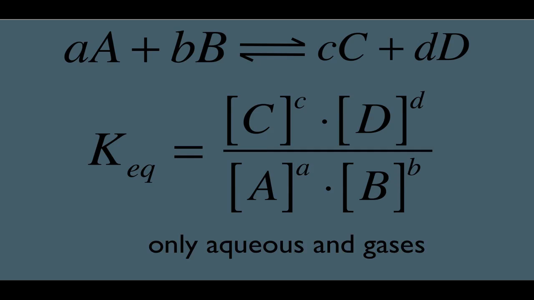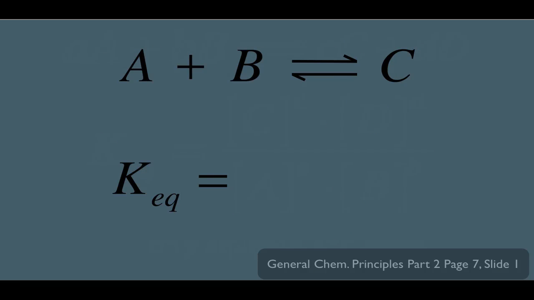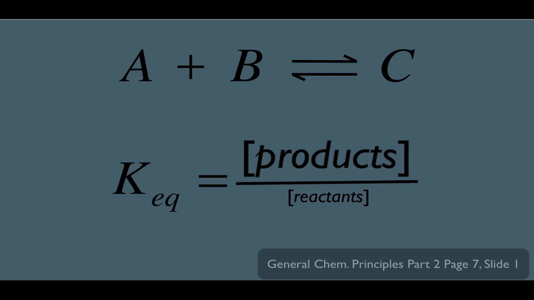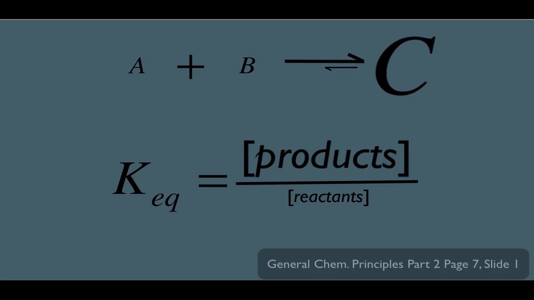But let's get a conceptual understanding of KEQ. We should know that if your KEQ value happens to be greater than 1, then think about what that means. If KEQ is products over reactants, then a value greater than 1 means at equilibrium, your concentration of products will be greater than your concentration of reactants. So at equilibrium, we're going to have more C than we would A and B. So having a KEQ greater than 1 means that the reaction is favorable from left to right.